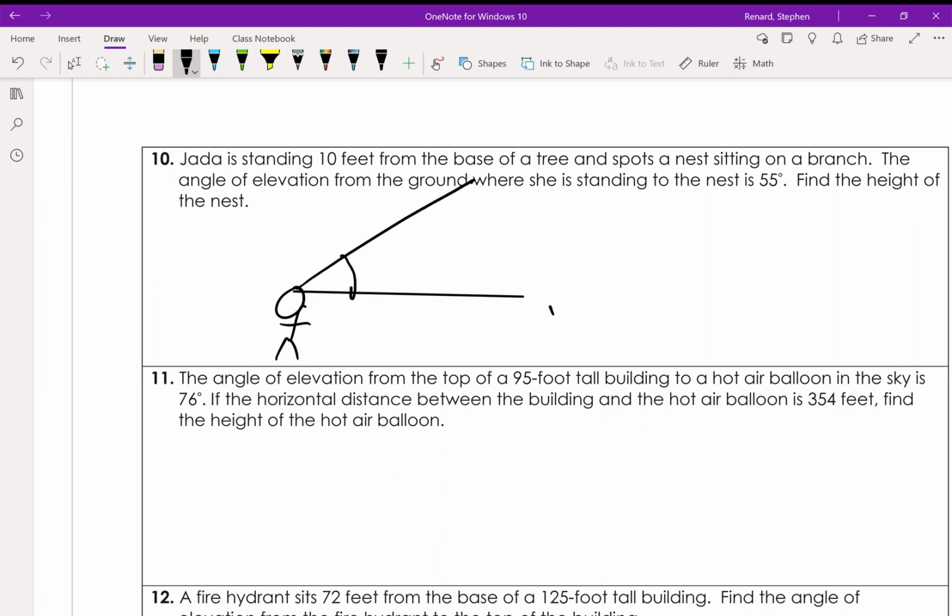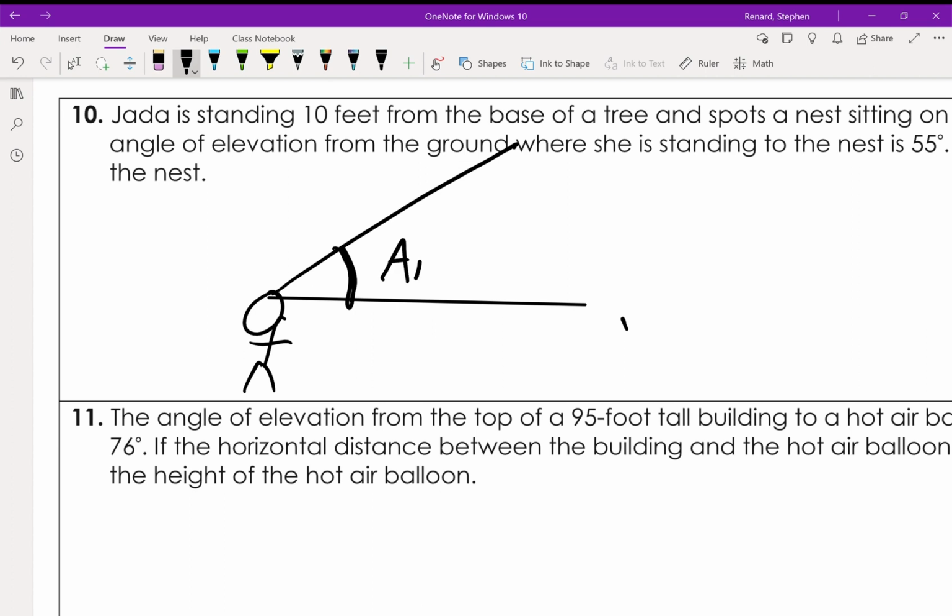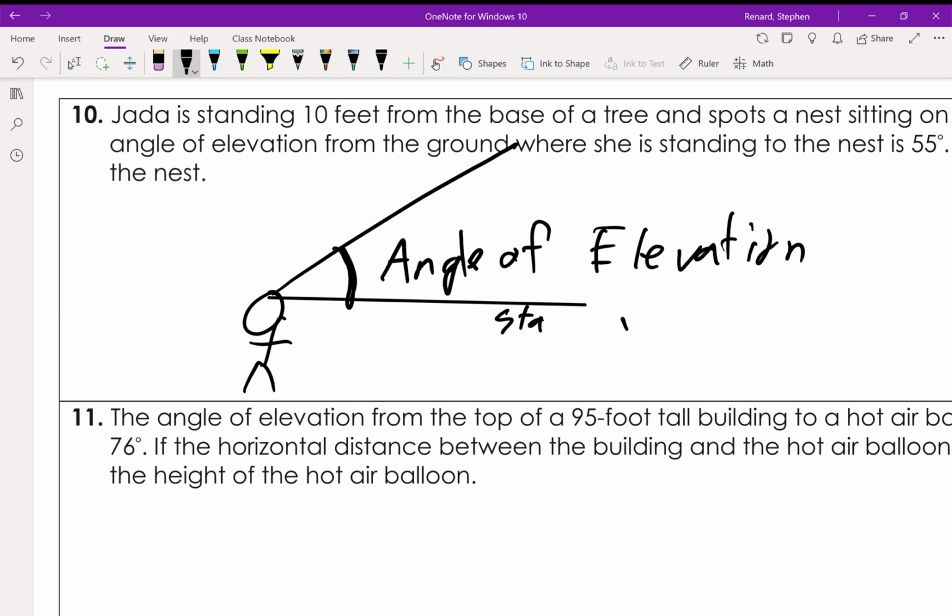And this angle right here, that's my angle of elevation. Start here and go up. Okay.